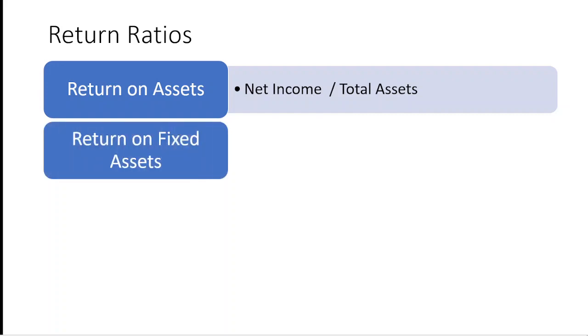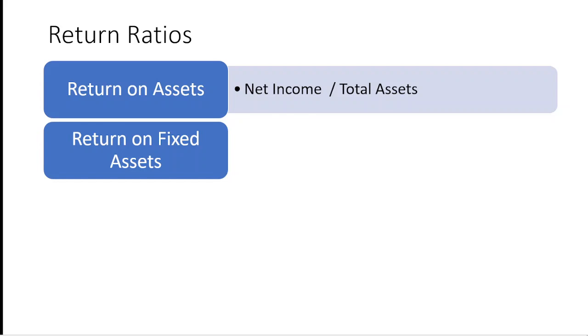Then there is return on fixed assets. As we saw earlier in the balance sheet example, the fixed assets were 50% of the total assets. There are other assets like inventory, debtors, cash, which may not be able to produce that much return.